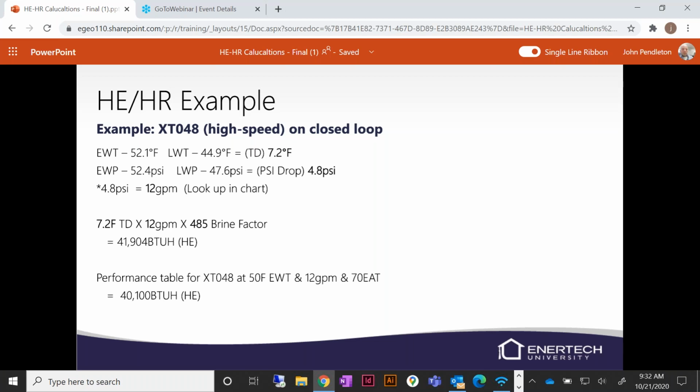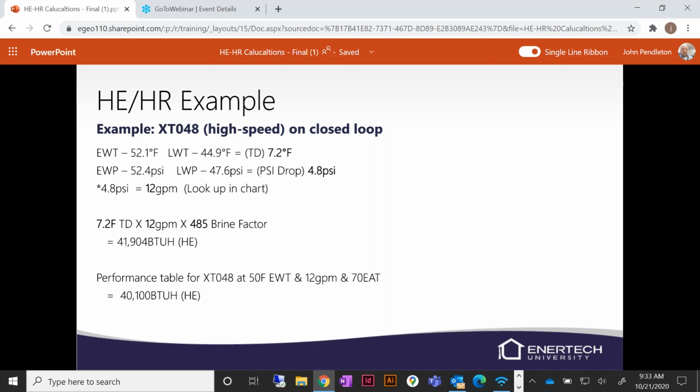The book would tell us in this example that a 4.8 psi pressure drop at 50 degree entering water temperature is 12 GPM. So if we know our temperature difference and we know our GPM and we know if we have antifreeze in the system or not, then we can do the math. So we just do the math. It'll tell us 41,900 BTUs.